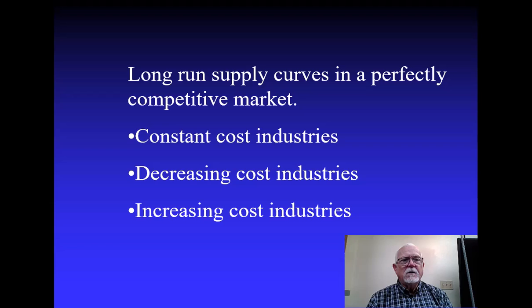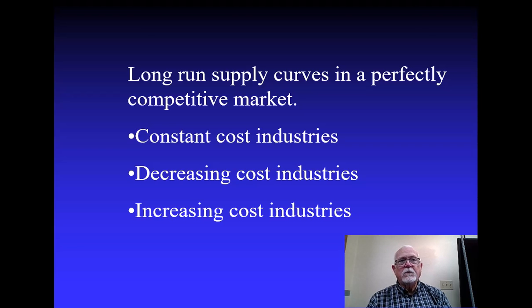Well, when they scale up, and this would relate back to that discussion about cost in the long run, if those costs don't really change for the typical firm, that's a constant cost industry, then those cost curves from the short run, outside of taking out the average variable cost curve, will remain the same. And so the price will not change for the quantities. And so that would relate to a long run market supply curve that is perfectly elastic. In other words, flat at that same price.